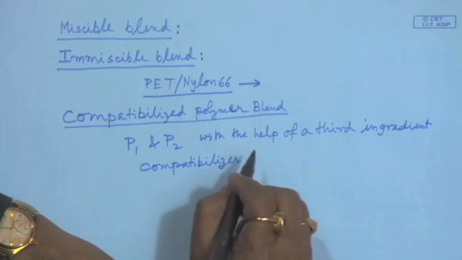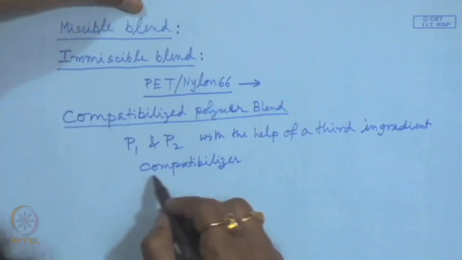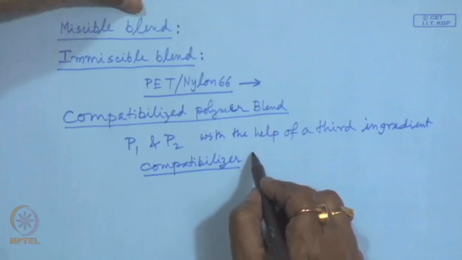We can designate this compatibilizer as a marriage maker.